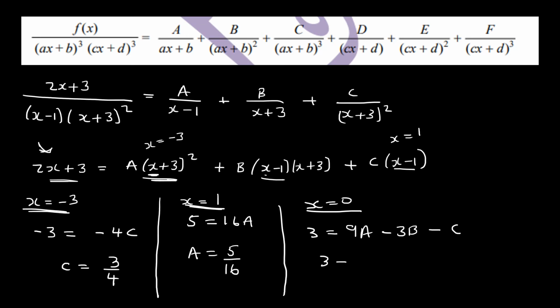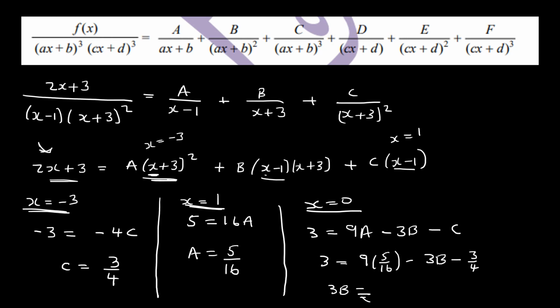So now we can solve. We know our A is 5 over 16. Our B is what we are looking for. C is 3 over 4. So I'm going to solve for 3B quick. I'll use my calculator because you can see we don't have space. If I solve for 3B, I'm taking 3B the other side.